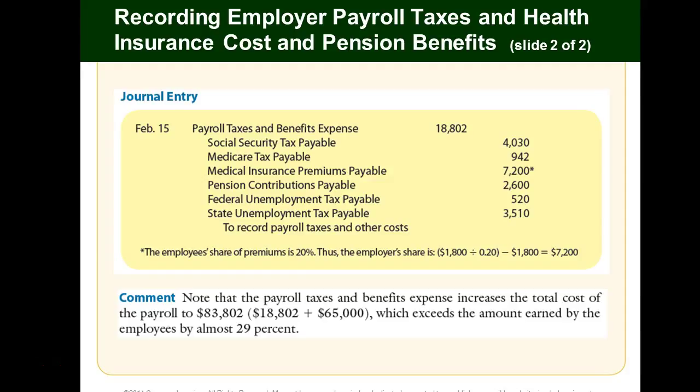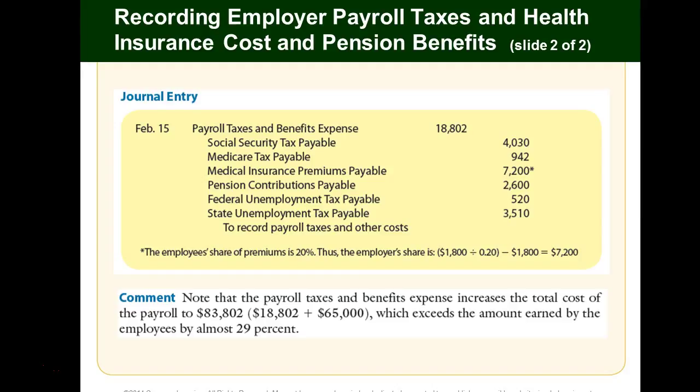Note that the payroll taxes and benefit expense increases the total cost of the payroll to $83,802. Remember, the gross wages were $65,000, but then all these costs total up to $18,802. So really, to have an employee, you're not just paying out the $65,000, you're paying out $83,802, which exceeds the amount earned by the employees by almost 29%.